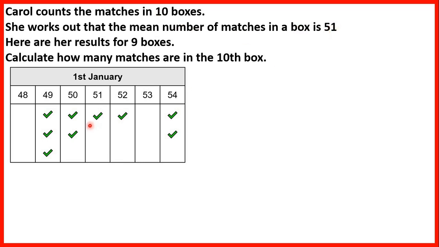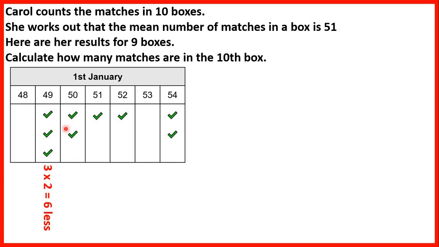But there is a quicker way to solve this problem. So here we have 3 boxes with 49 matches, and because there are 2 less than 51, that's 6 fewer matches than there should be.